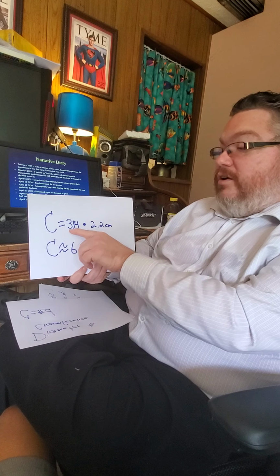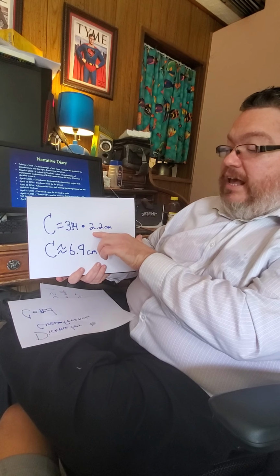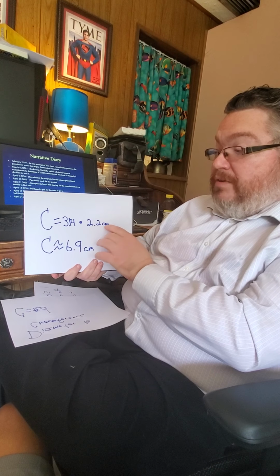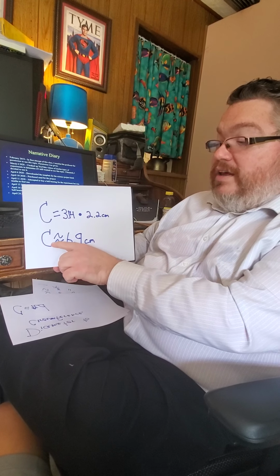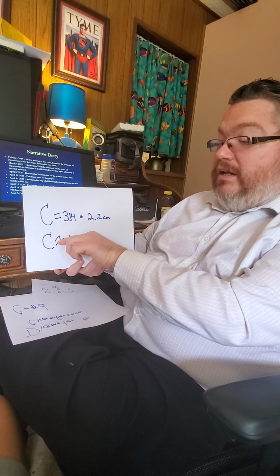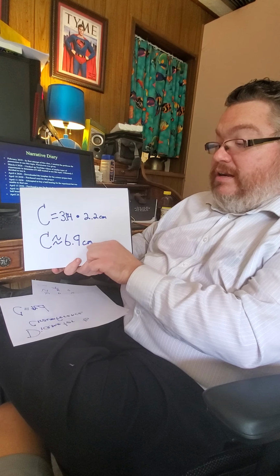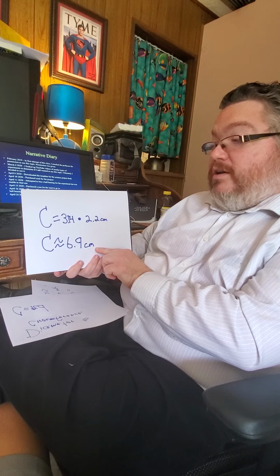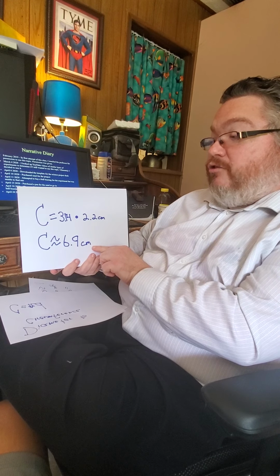To find my circumference, I took the 3.14 of pi and multiplied it times a common diameter size that I saw when I was doing my drops, which was 2.2 centimeters. So if you multiply 3.14 times 2.2, you get a result of about, this wiggly equal sign means about, 6.9 centimeters for the circumference. This is the sort of formula you would use if you wanted to figure out how far you'd be walking around that Barringer crater.